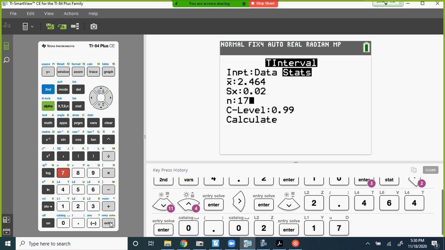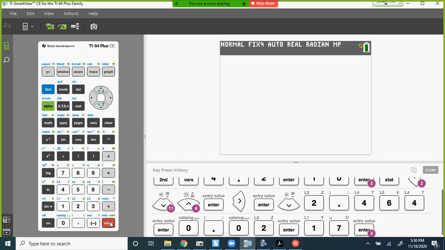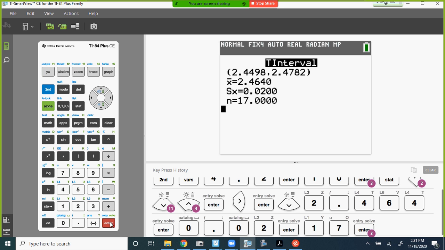For our confidence level, we want 99%, so it's 0.99. If we hit calculate, then we get a T interval of 2.4498 all the way up to 2.478.